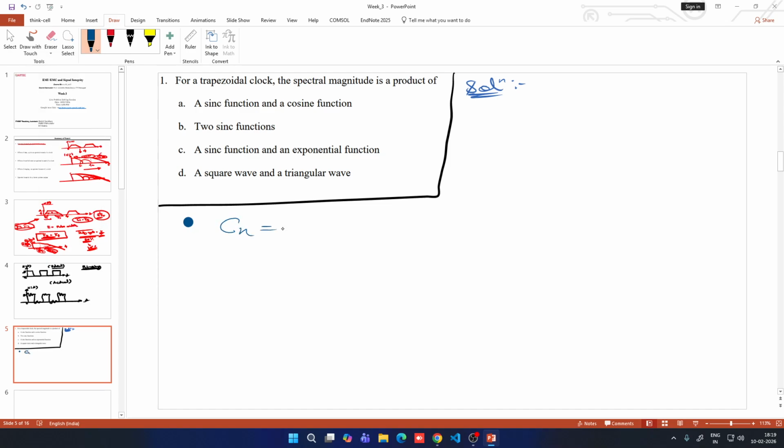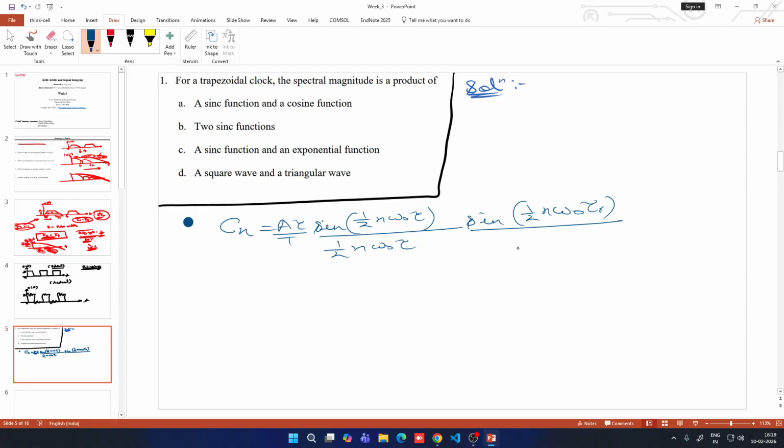So the expansion coefficient for a trapezoidal clock, we can write this as A tau by T into sinc of 1 by 2 n omega naught tau, divided by 1 by 2 n omega naught tau, into sinc of 1 by 2 n omega naught tau r, over 1 by 2 n omega naught tau r, into e to the power minus j n omega naught (tau plus tau r) by 2.